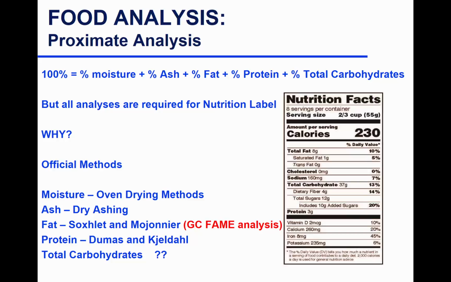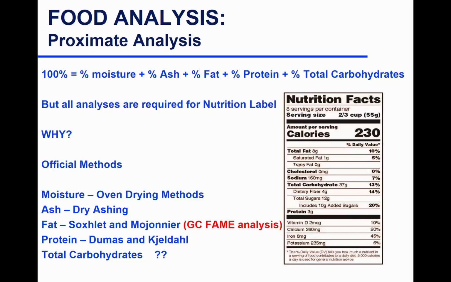They determine fatty acid content and convert all of it to triglyceride. Although fatty acids are probably coming from phospholipids, from cholesterol, from mono and diglycerides, they take the fatty acid composition and convert it and report it as triglycerides.